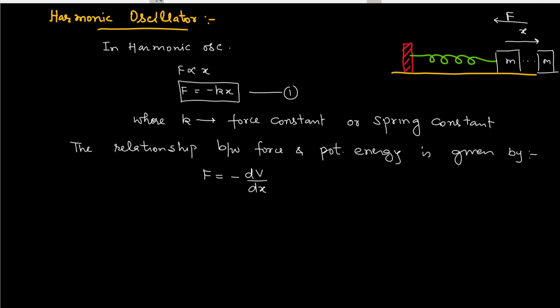So here we represented the potential energy. So dV is equal to minus F dx. Substituting the value of F from equation number 1, it will be kx dx.